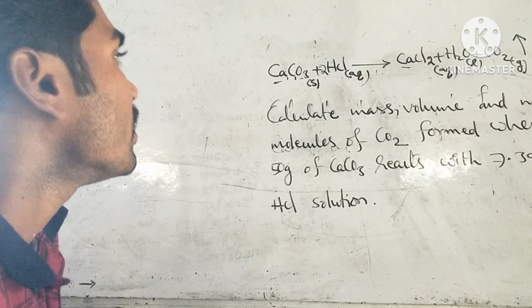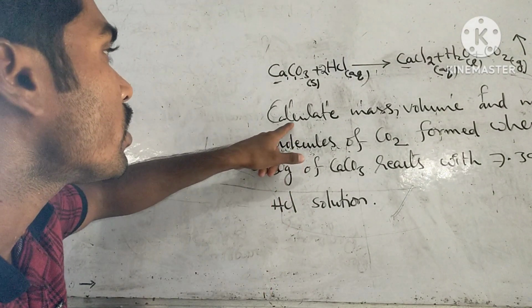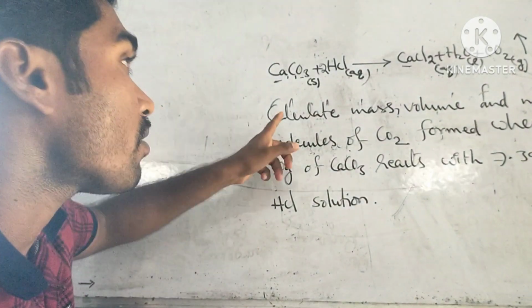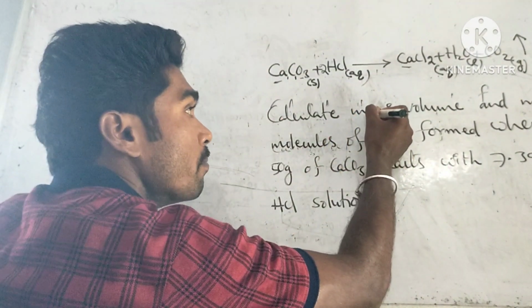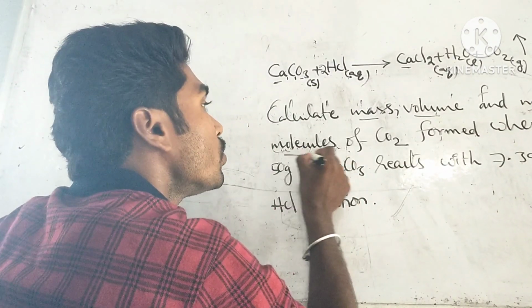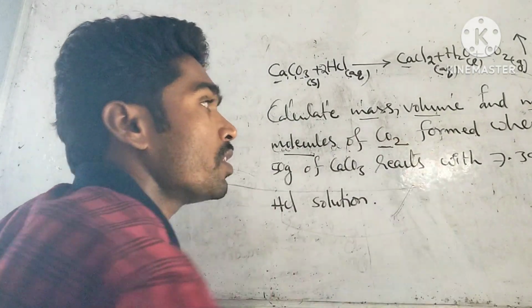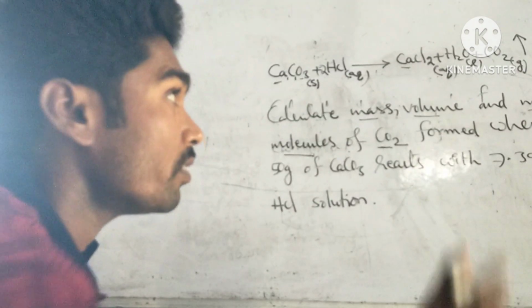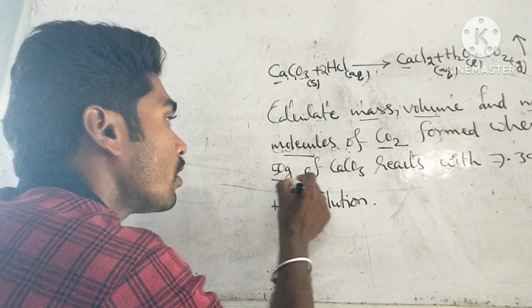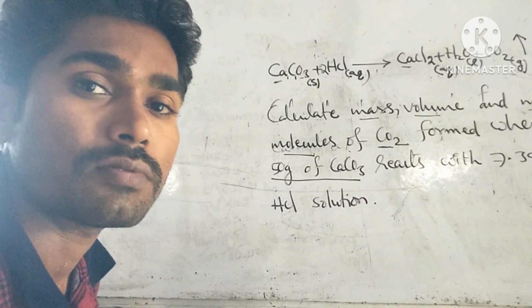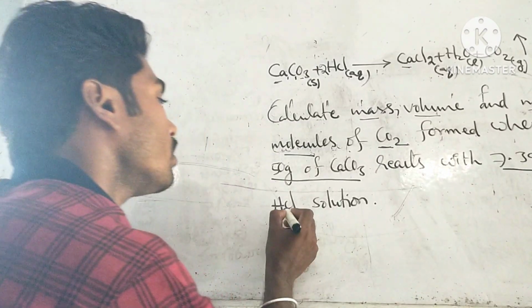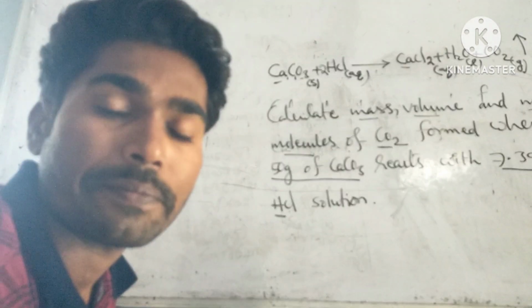So how? See, whenever we look at the question, identifying the keywords is very important. Calculate the mass. So we need mass, volume, and number of molecules of what? Carbon dioxide formed on the product side. Okay, when 50 grams of calcium carbonate is reacting with 1.3 grams of hydrochloric acid solution.